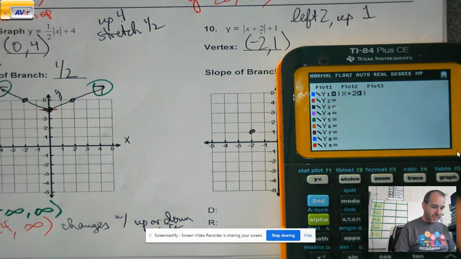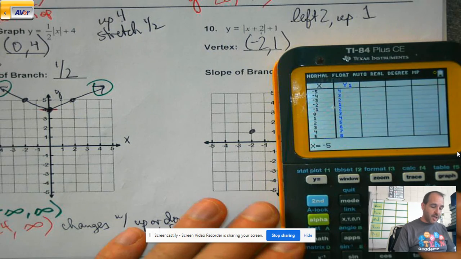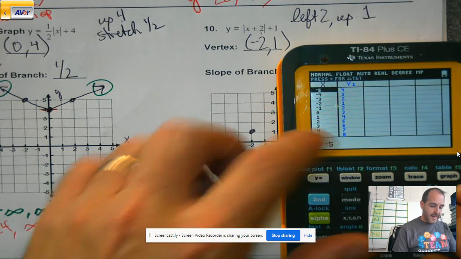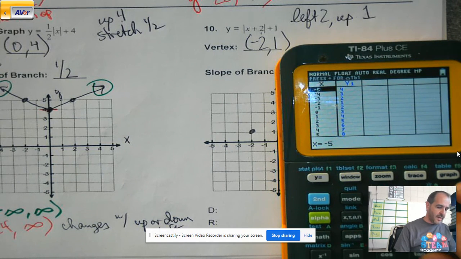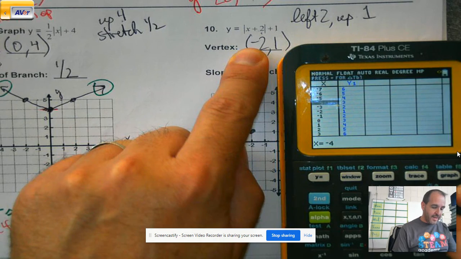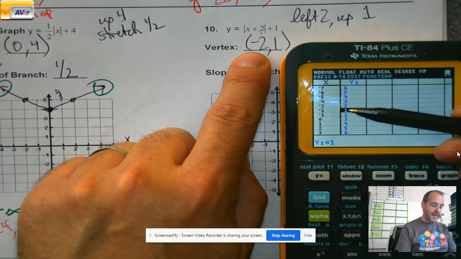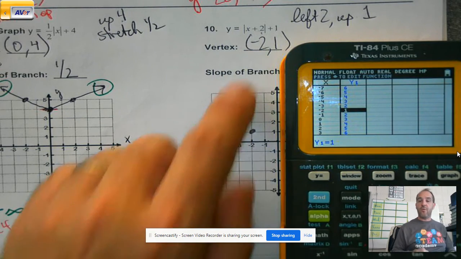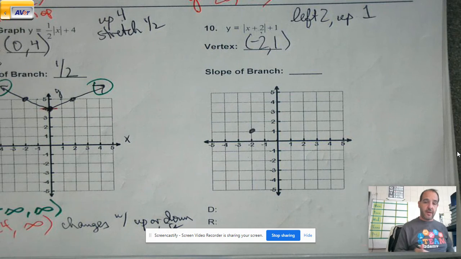So x plus 2 plus 1. If I look at my chart, again, I need to see the same numbers above and below. So you get that value in the middle where you think the vertex is, and what you should see is the same numbers above and the same numbers below for y, and you do. So that's your way of doing a double check if you need to with these.